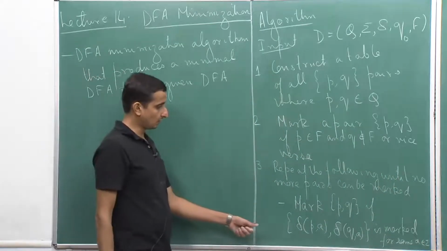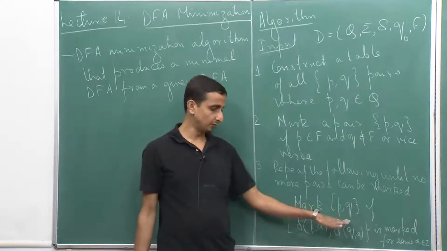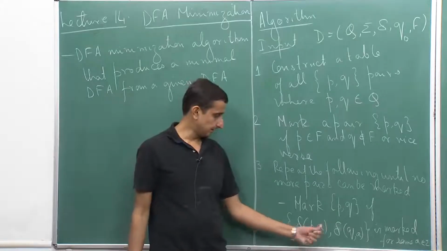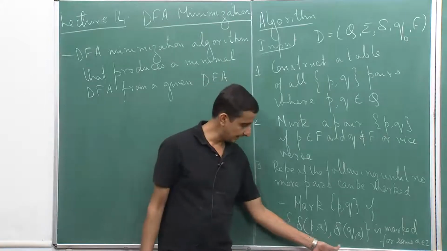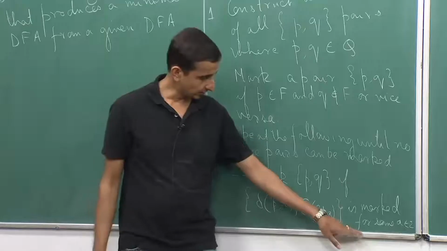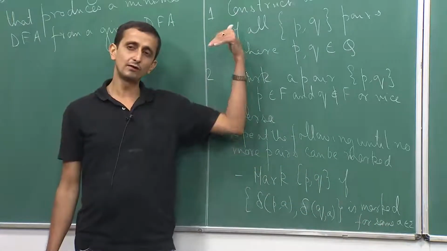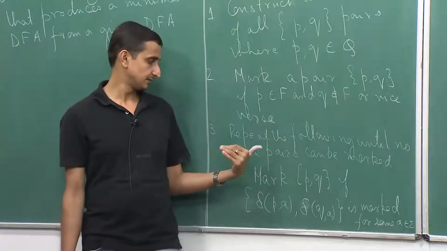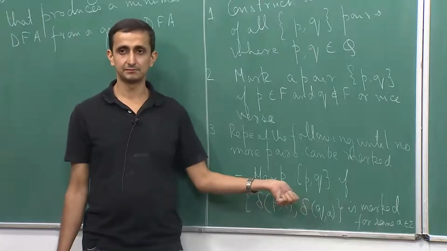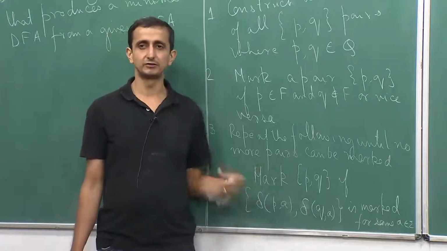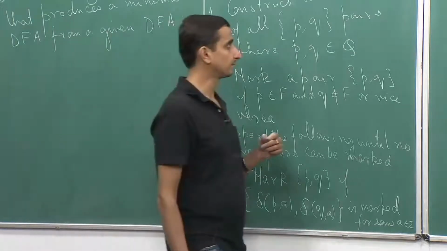So mark all unmarked pairs p, q such that the pair delta(p, a) and delta(q, a), for some a belonging to sigma, has already been marked before. You go over all the unmarked pairs and search whether you can mark a new pair in this manner, and you keep repeating this process until no new pair can be marked.